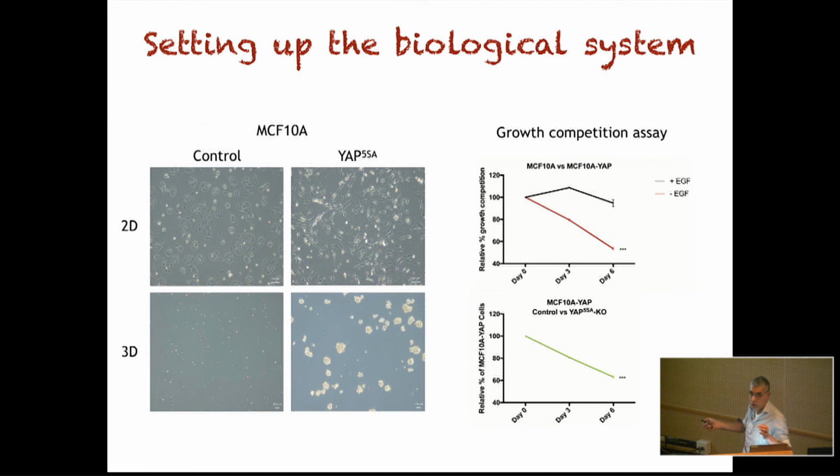So not the endogenous YAP, but the activated YAP. Again, we see that those ones are competing very poorly with the YAP cells. So this is important because this, in fact, is our positive control in the screen. You will see it later. We expect these guide RNAs against this activated YAP to be depleted in the assay with time.